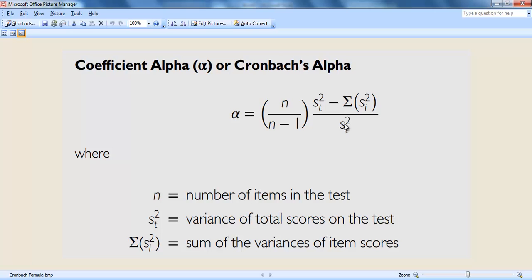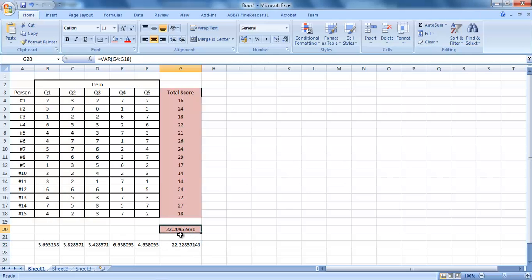Now for the denominator, we have already computed that. S sub t squared is equal to 22.2095238. So we can now calculate the Cronbach's alpha coefficient.